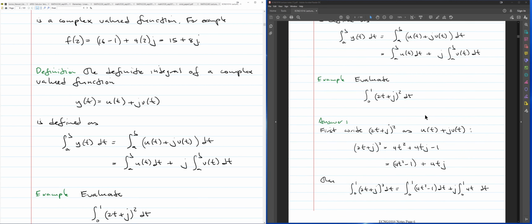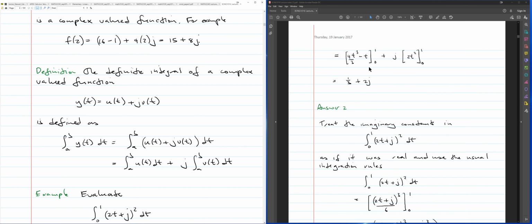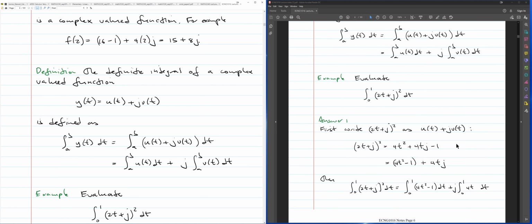So integrating the 4t squared minus 1 between 0 and 1, this is just normal integration, and I'll get 1/3. Notice over here, because I pull the j out, this is also just normal integration.